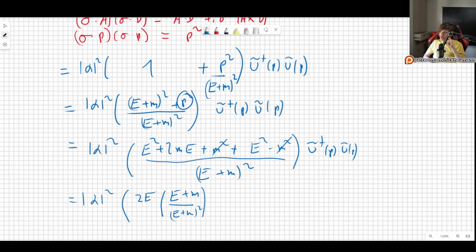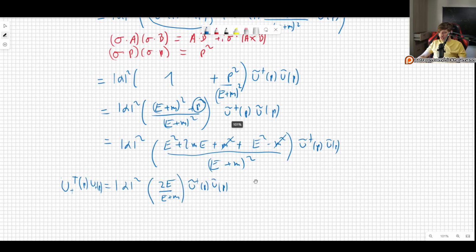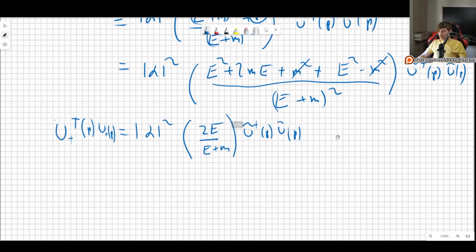So of course, one of the (E plus m)'s will cancel out. So we end up with 2E divided by E plus m times, of course, this quantity right there. Okay, so this is what we get for u plus Hermitian of p, u plus of p. So this is the normalization condition here.